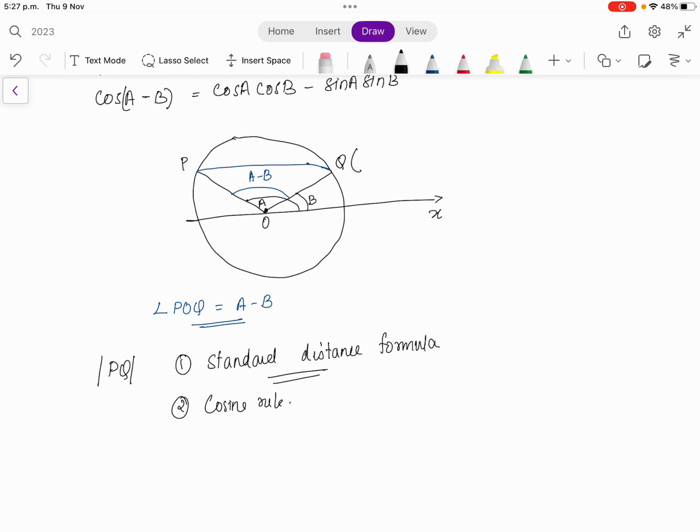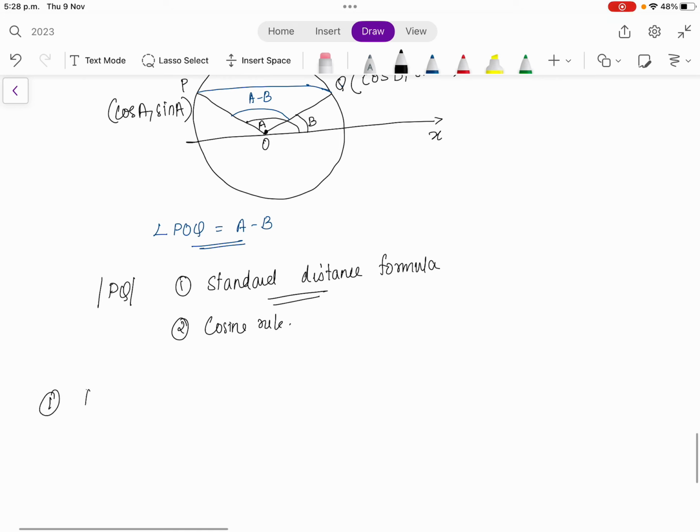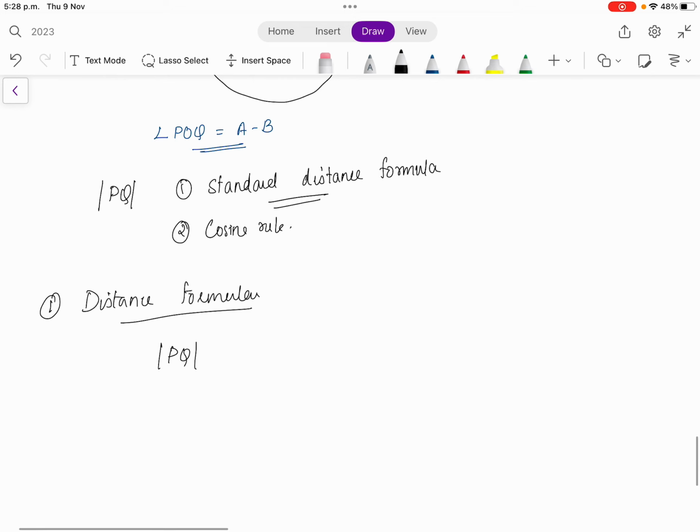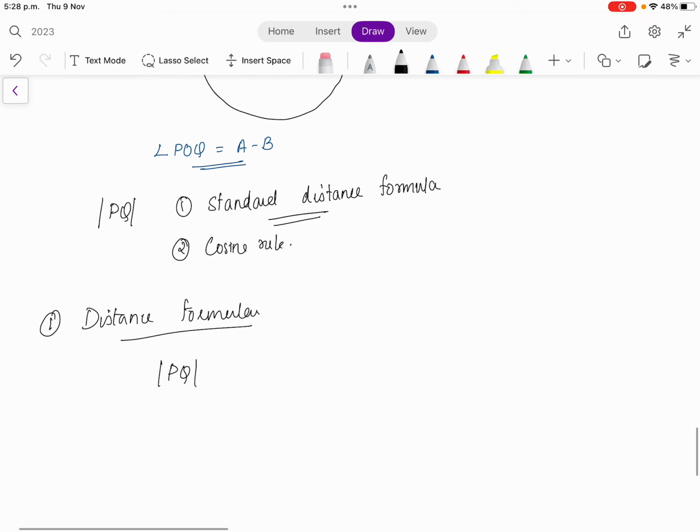The coordinates in the polar system: Q is cos B, sin B, and P is cos A, sin A. So P is cos A, sin A and Q is cos B, sin B. Now we are going to do the distance formula with PQ.